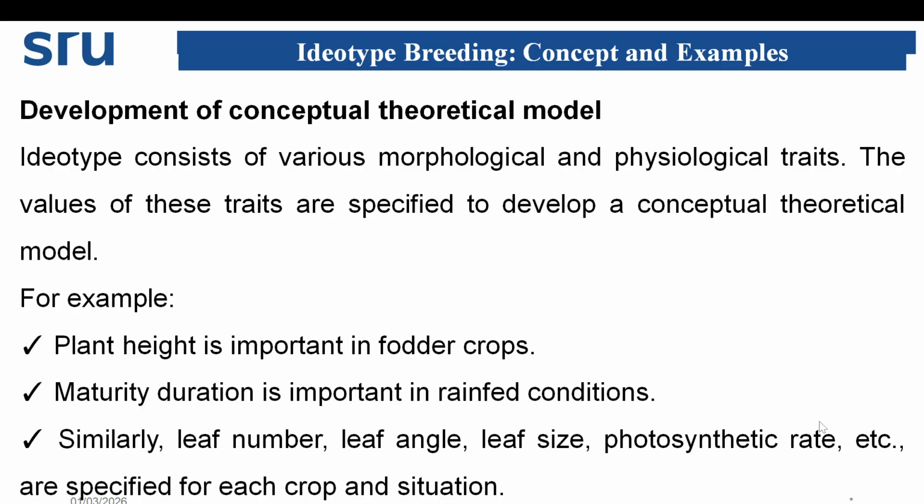Similarly, leaf number, leaf angle, leaf size, and the photosynthetic rate of the crop are specified for each crop and each situation. For each crop and every situation, the specification should be there regarding leaf number, leaf angle, leaf size, and photosynthetic rate.